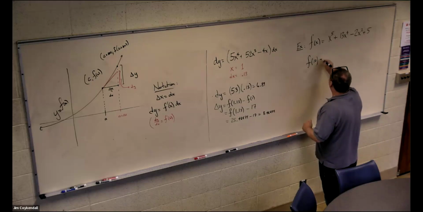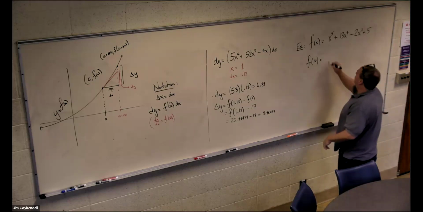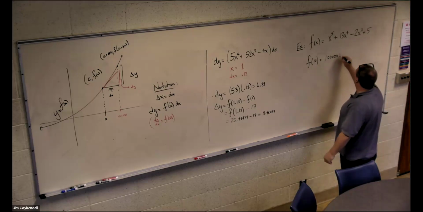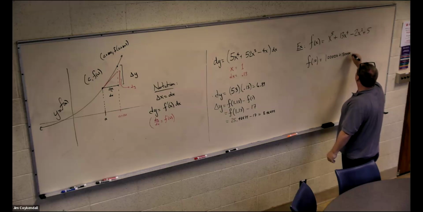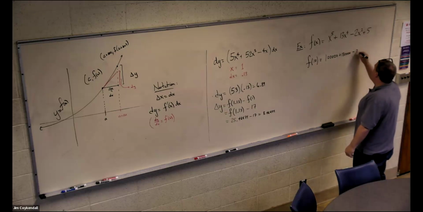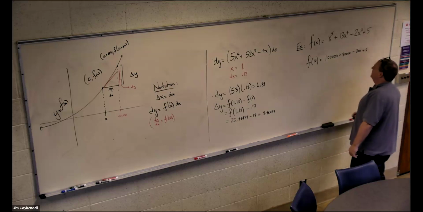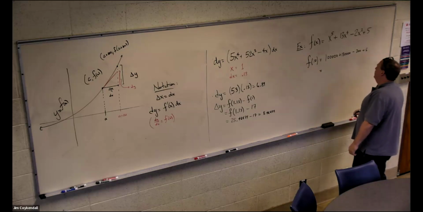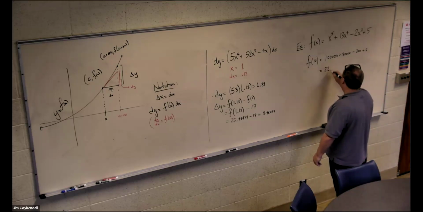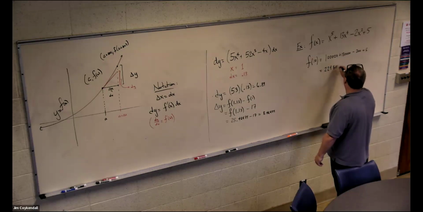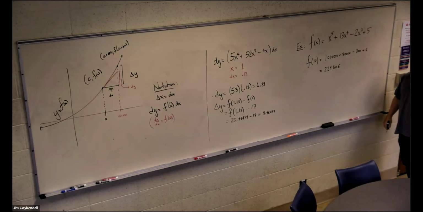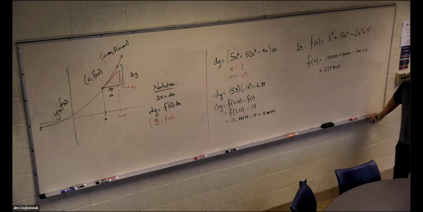Let's try this again. It's 10 to the 5. This is 100,000. This is 13 times 10,000 minus 200 plus 5. So that's 230,000 minus 200. I agree.